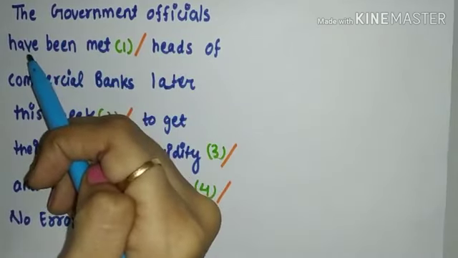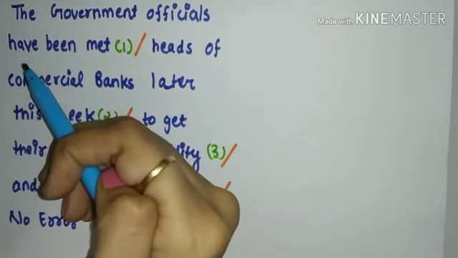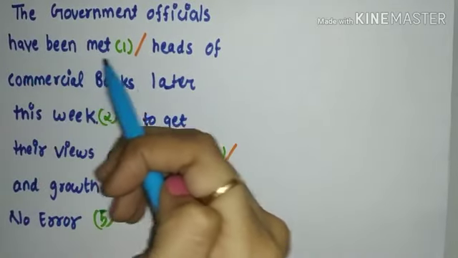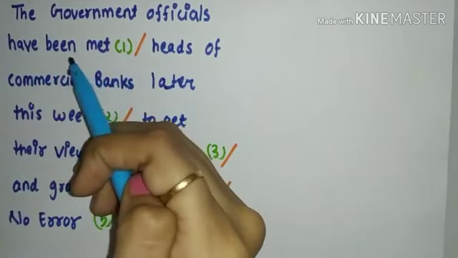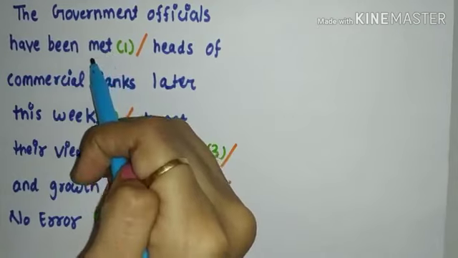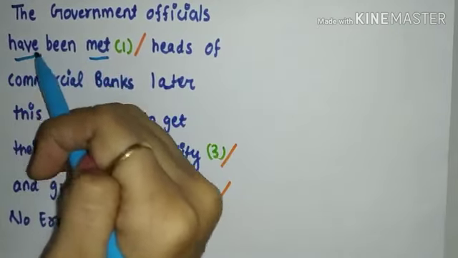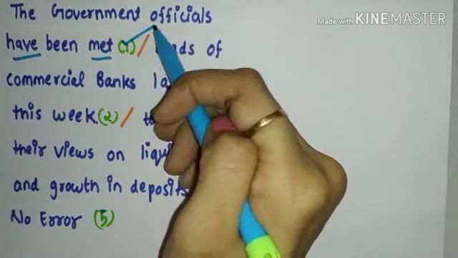It should be either had met or have been meeting. Otherwise, met and have are not going together with each other. So therefore the error is in the first part.